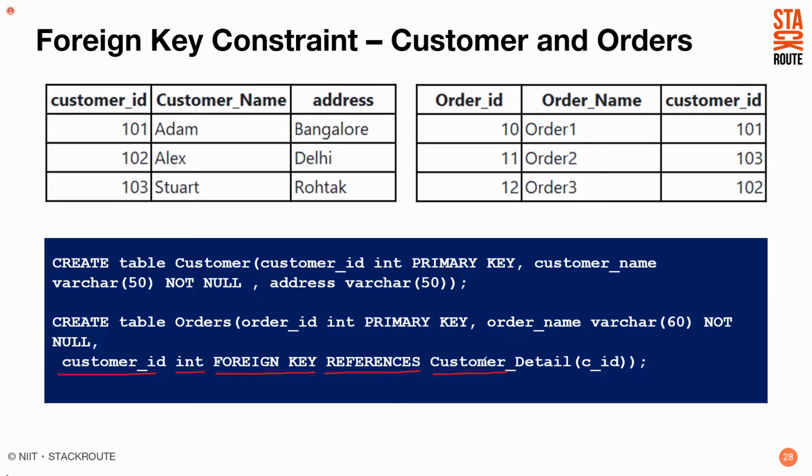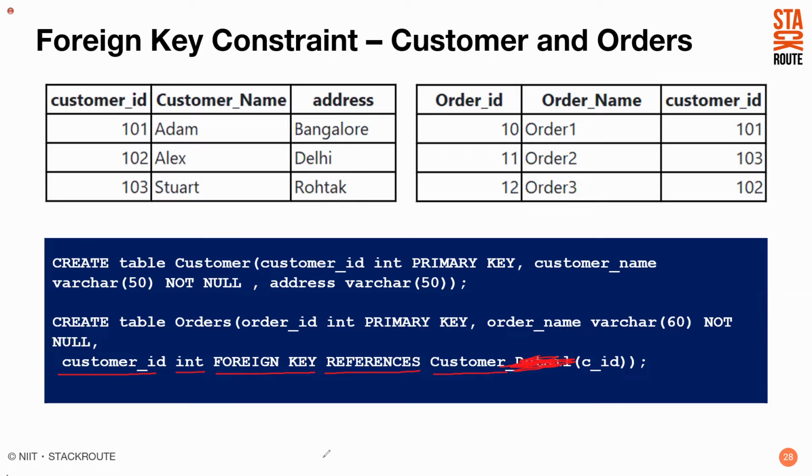I think it's a typo error. It should be table name, customer only, not customer details. In parentheses, whatever column you want to refer to in your customer table, you should use. Here also it should be customer ID. Oh my God, why so many typo errors? Please report this.